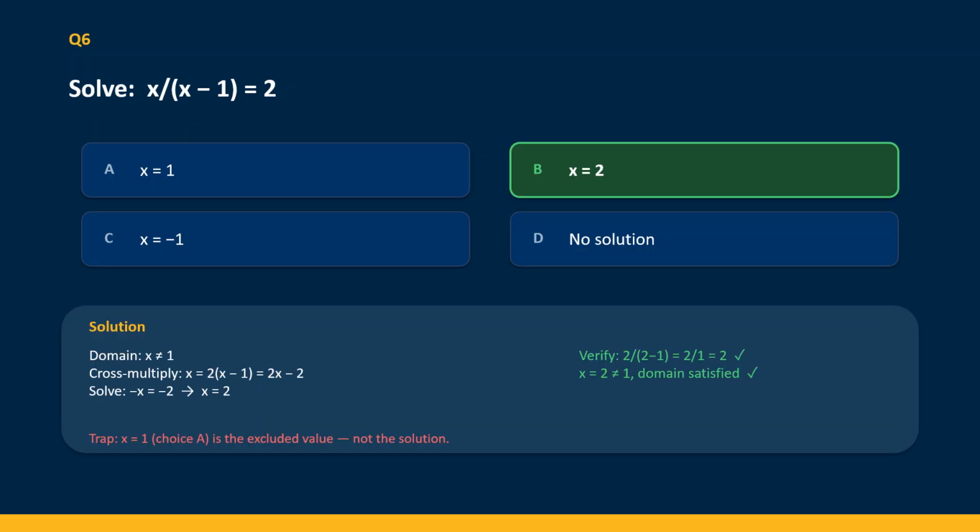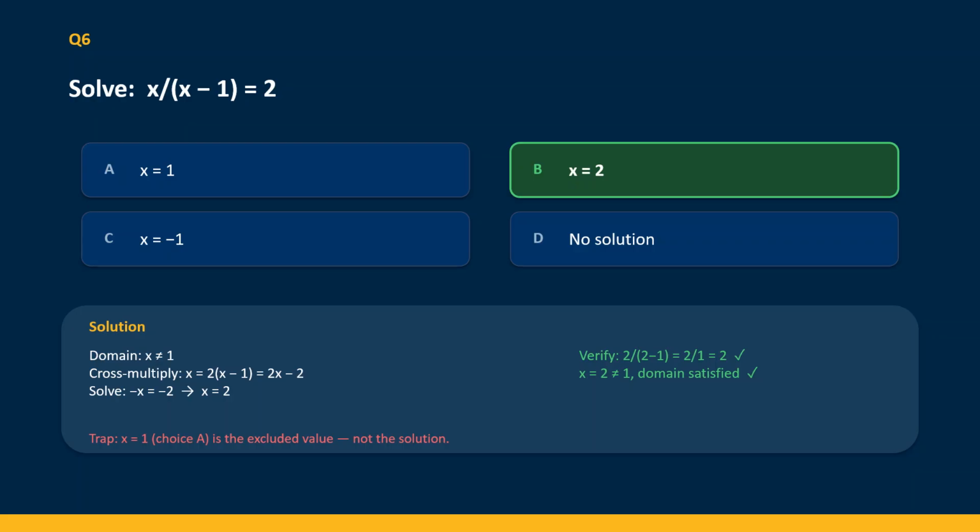x equals 2. This is a two-fraction equation. The right-hand side, 2, can be written as 2/1, so cross-multiplication applies. Cross-multiplying, x times 1 equals 2 times (x - 1), which gives x equals 2x - 2. Subtracting x from both sides, 0 equals x - 2, hence x equals 2.